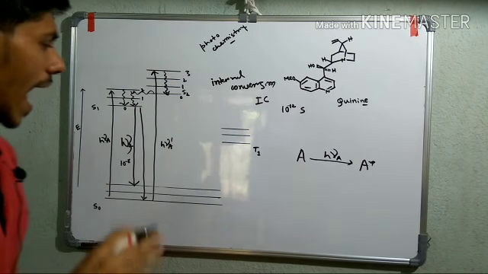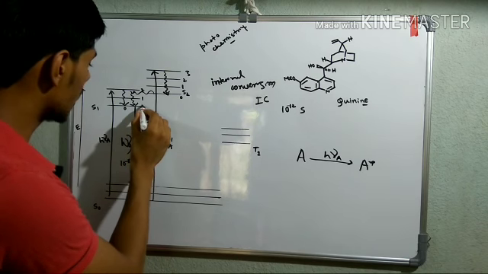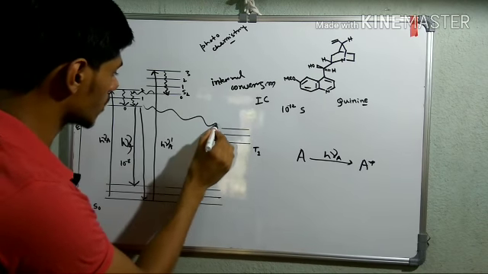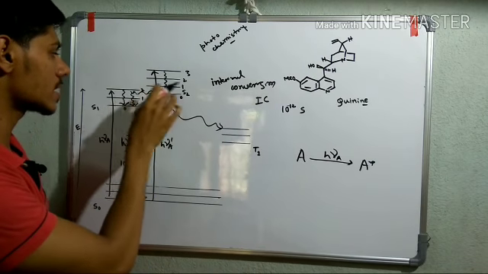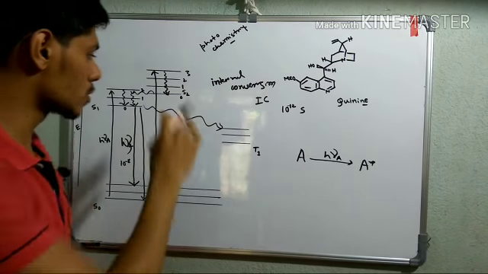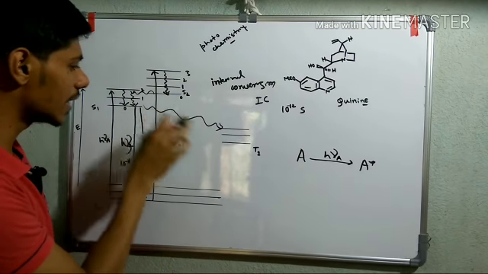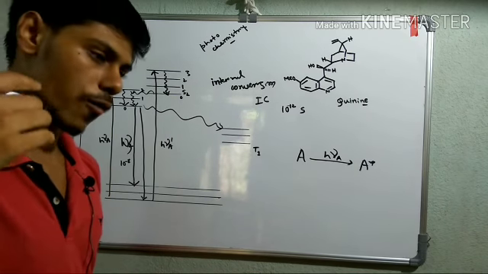Now another thing that can happen is that from this S1 state the electron may go to the T1 state. In the previous case, from S2 to S1, that is a spin allowed process because both are singlet, but in this case the process is occurring from singlet to triplet, and that's why it is a spin forbidden process.